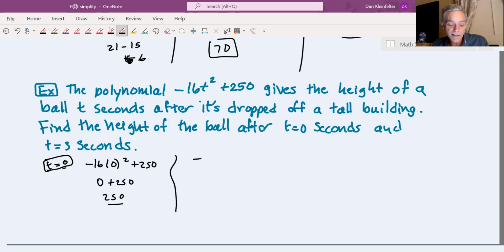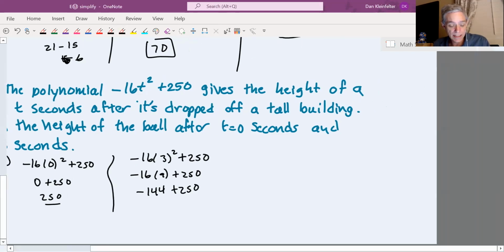After 3 seconds, we'll have negative 16 times 3 squared plus 250. Negative 16 times 9 is negative 144. Okay, so then I need to subtract to get that. 250 minus 144.